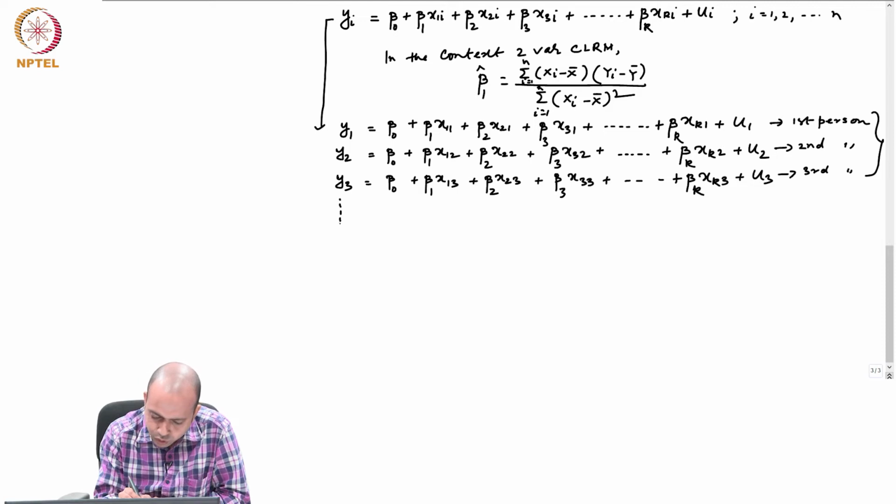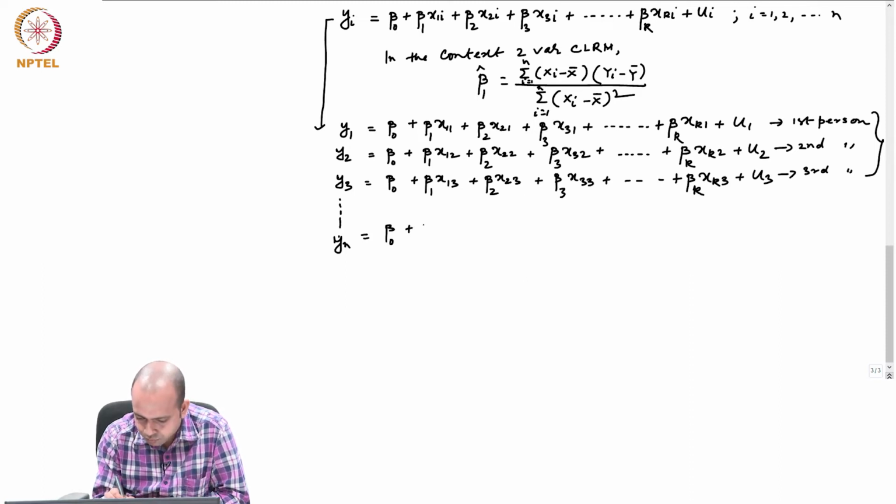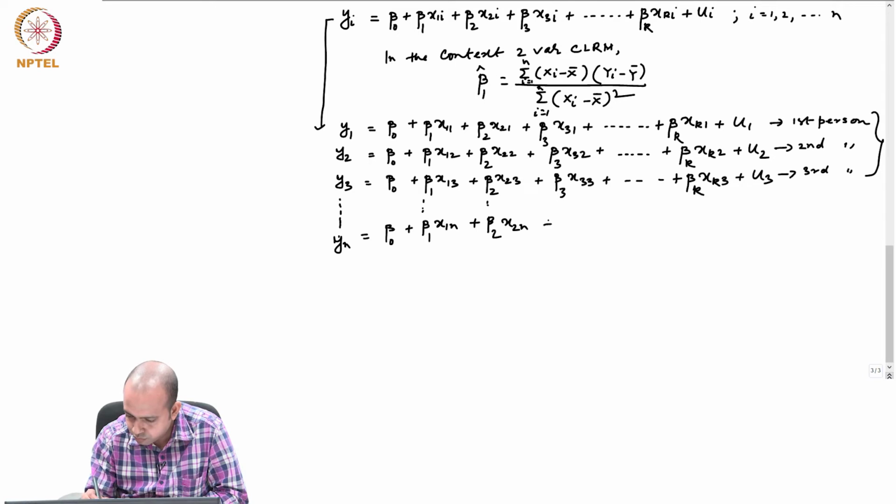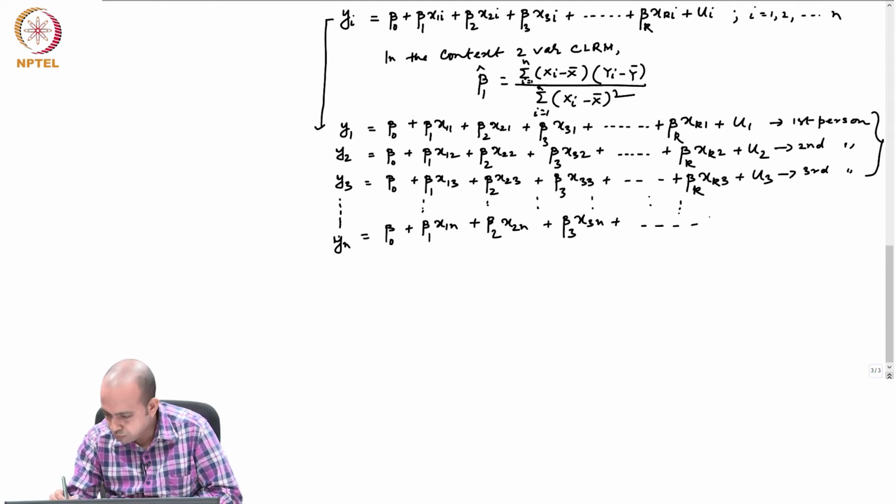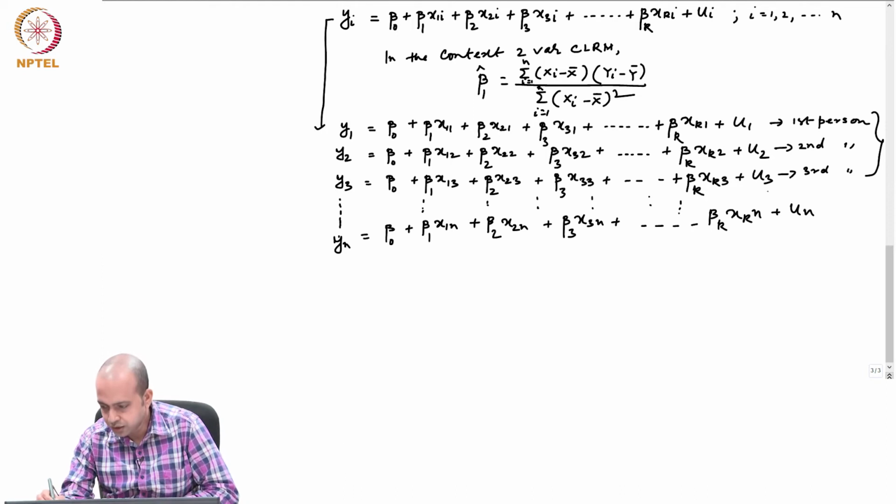Likewise, we will write the equation for the nth person, yn equals beta 0 plus beta 1 x1n plus beta 2 x2n plus beta 3 x3n plus beta k xkn plus un. This is how we will write.